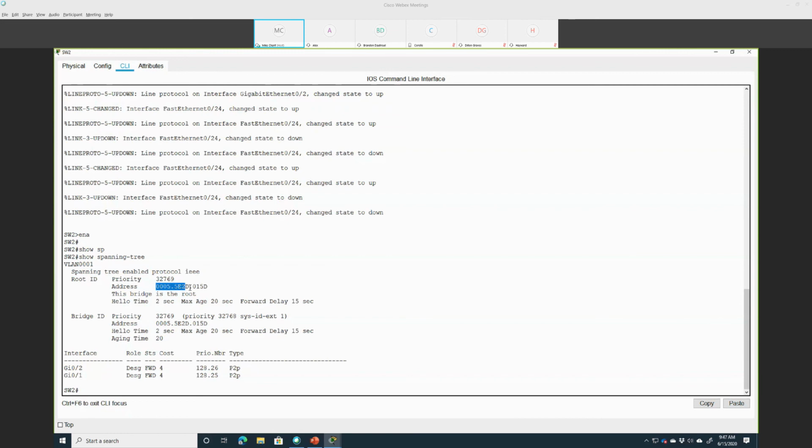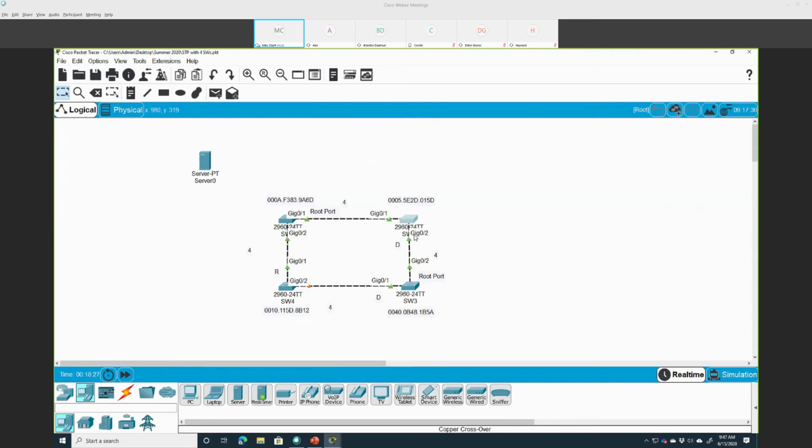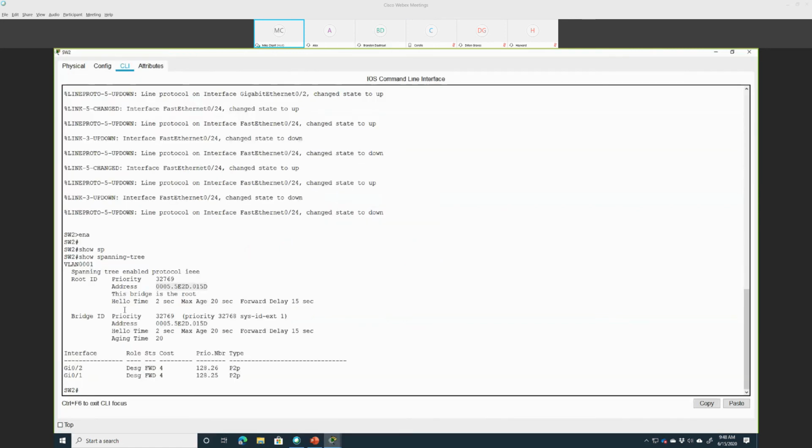So this MAC address matches who? Matches this switch right here. Switch number 2 right here. You follow? And it has no cost, and that's basically your root bridge.